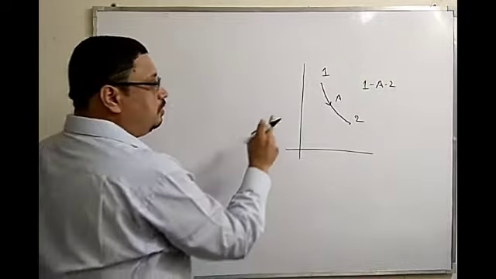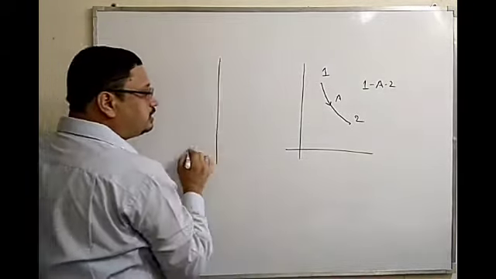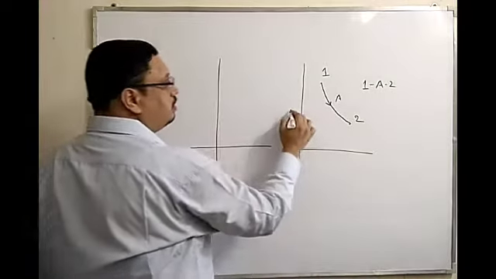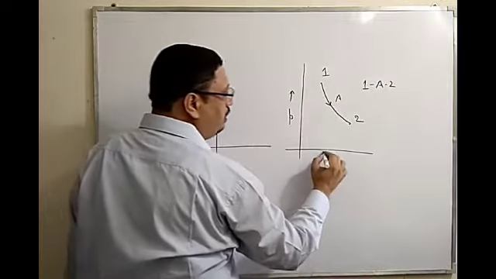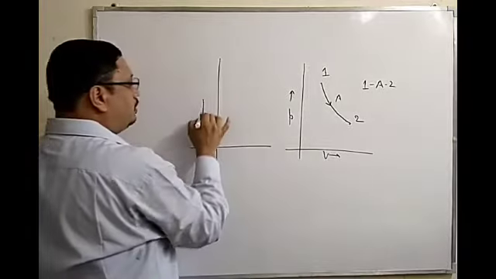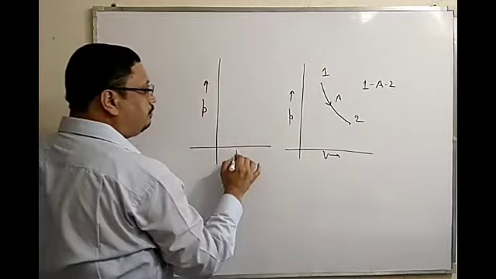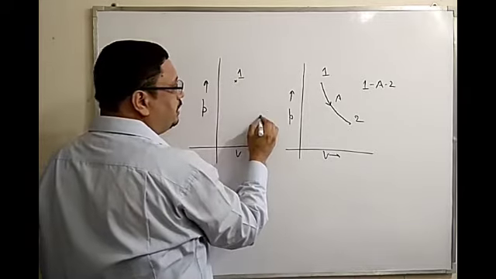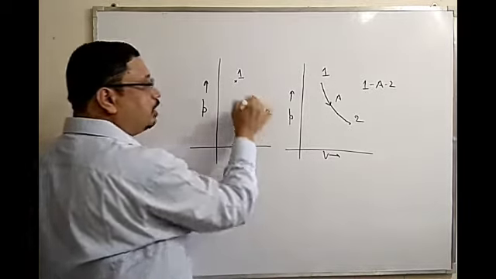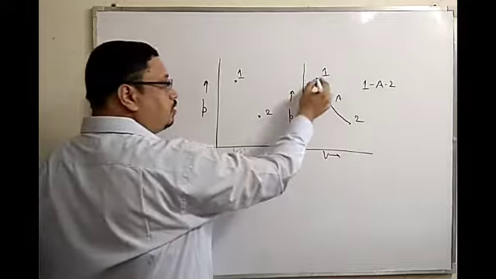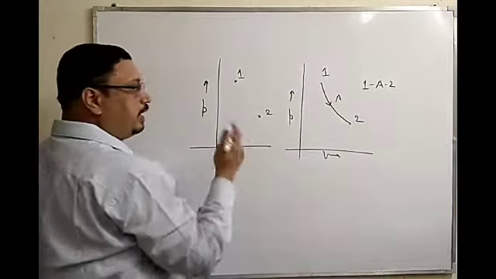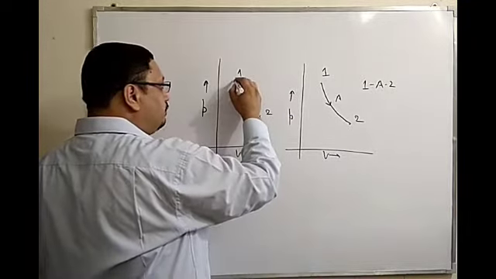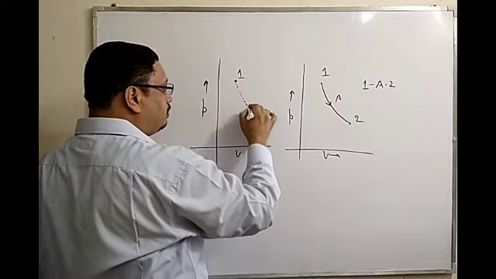Okay, so if the process is irreversible, this was PV. Again we are drawing a PV diagram, and if the process is irreversible, then the intermediate states will not be equilibrium states. So we cannot draw a firm curve or a firm line between these two states. This will be a dotted curve.